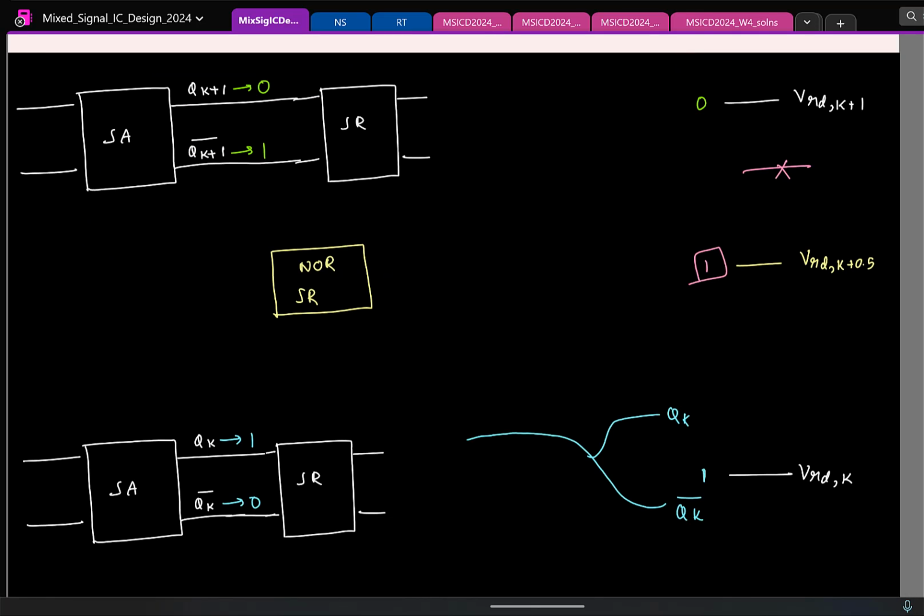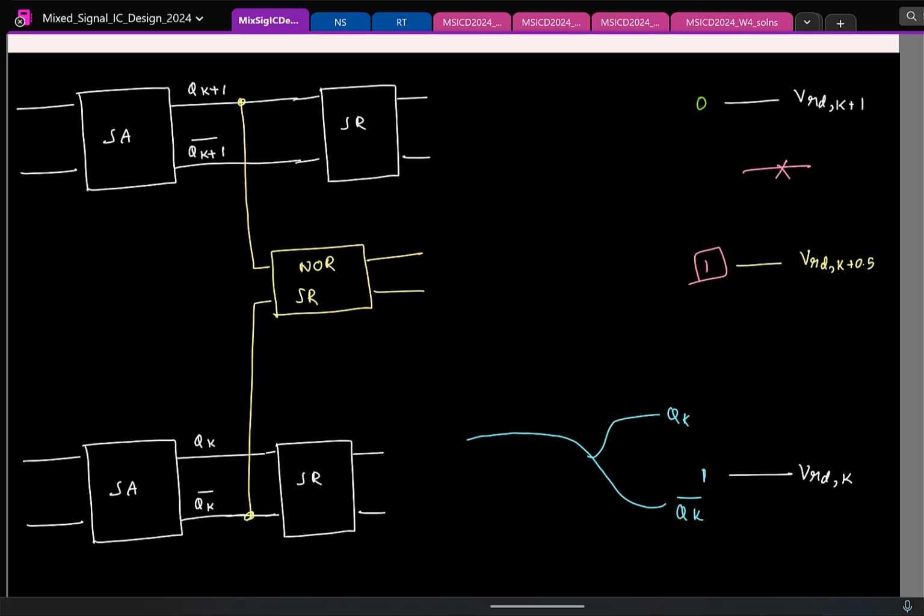So this is going to be, let me erase this, Qk plus 1 and Qk. So this will give you the additional bit of information and you are set. So in between every two sets of comparators, you go and put this NOR latch and you get a bit of information for free.